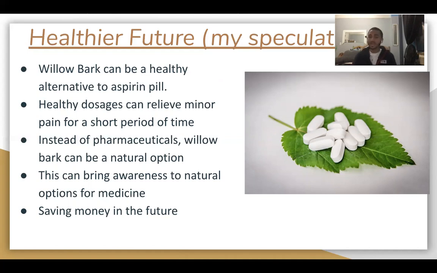I believe that if we can start using willow bark as an option for pain relievers and pain reducers, it could spark a thought in natural medicine, because I know sometimes pharmaceuticals can be very expensive, and not everybody can afford even basic drugs such as aspirin or pain relievers.